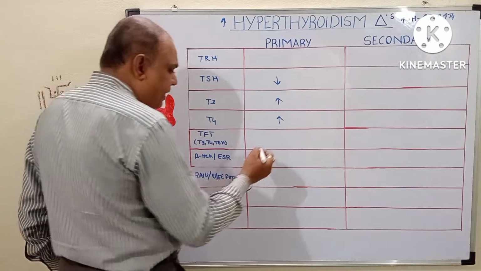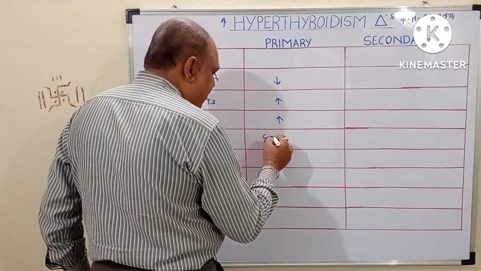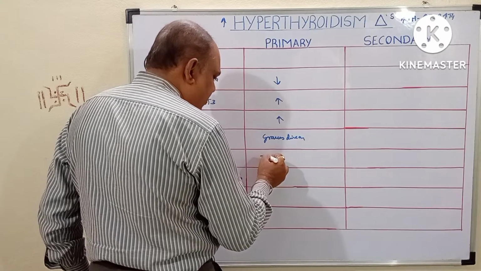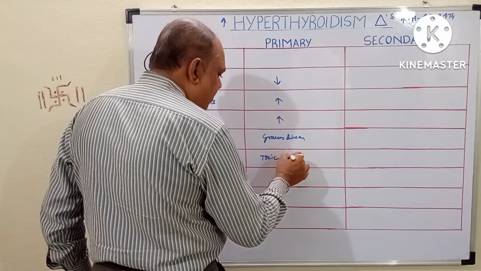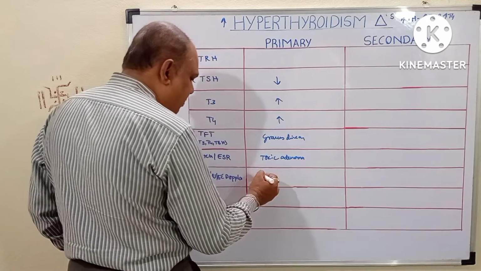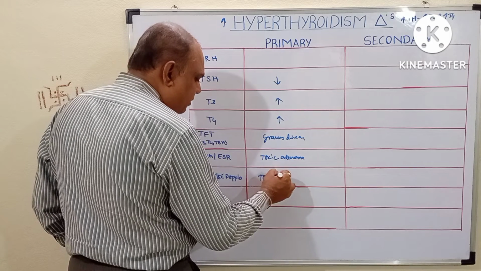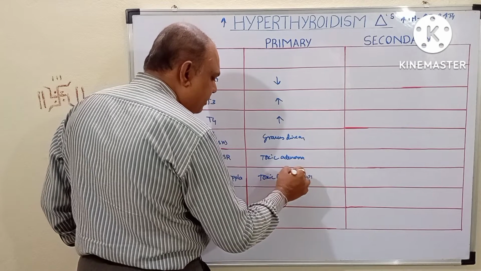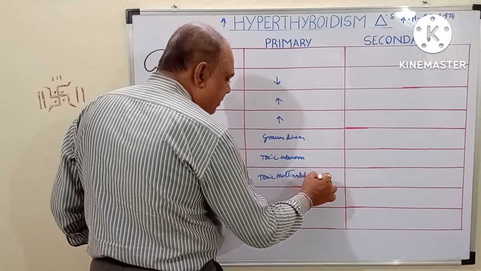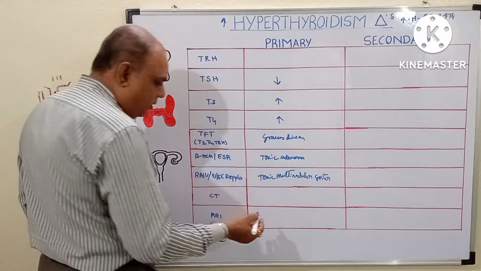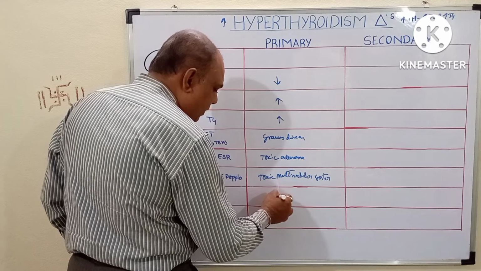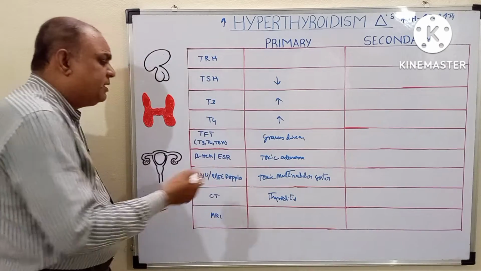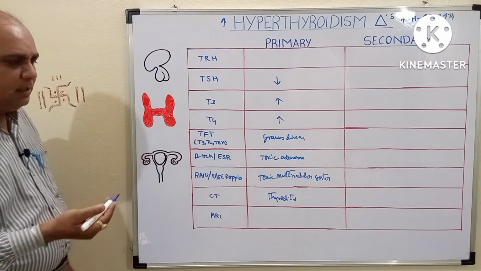The causes for the primary hyperthyroidism can be Graves' disease, toxic adenoma, or toxic multinodular goiter, or thyroiditis. These are the few example causes for primary hyperthyroidism.